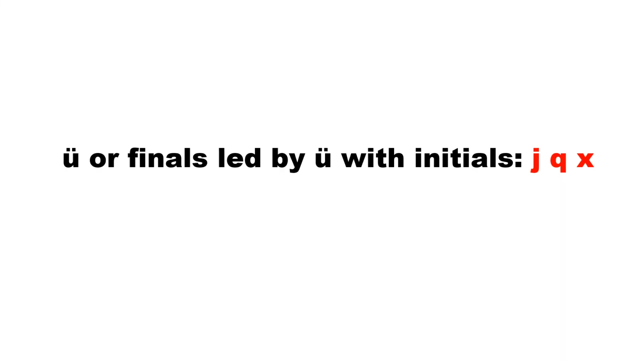In the end, let's look at the third writing rule of Pinyin: ü or finals led by ü with initials j, q, x. When ü or a final beginning with ü follows j, q, or x, the two dots on the top of ü should be removed.